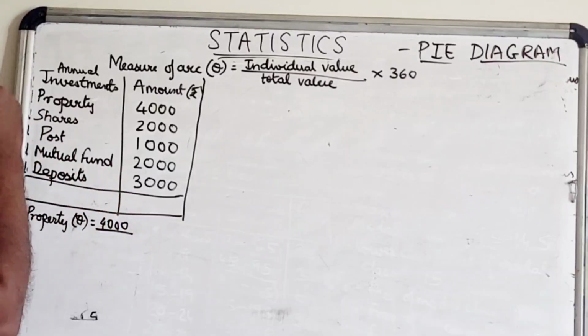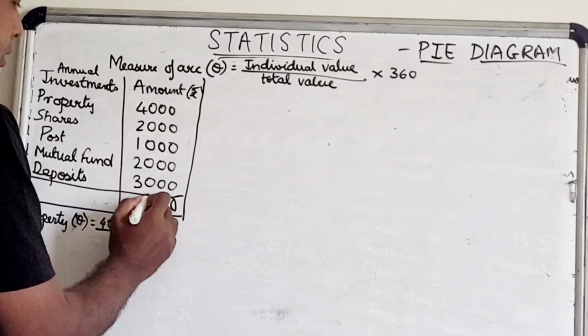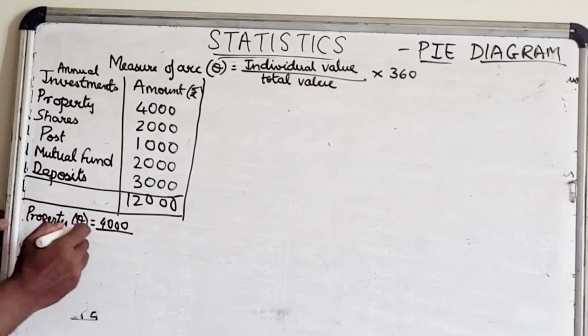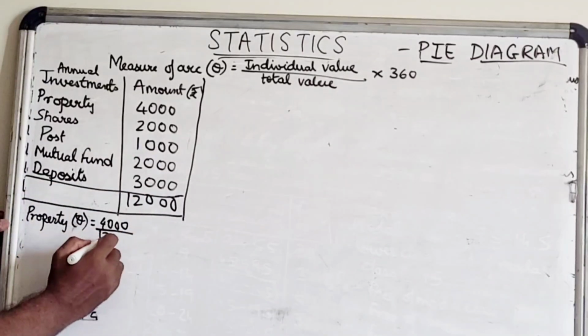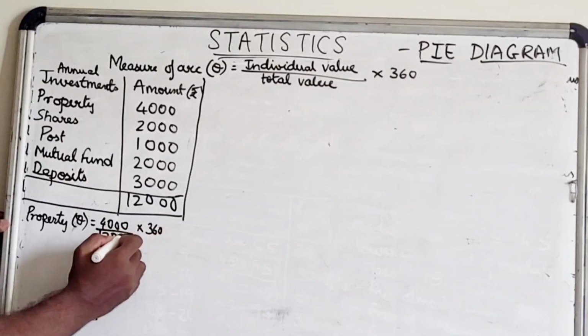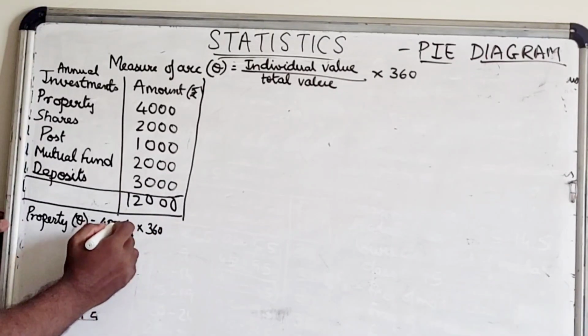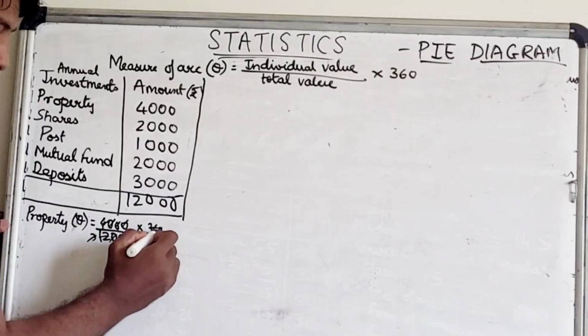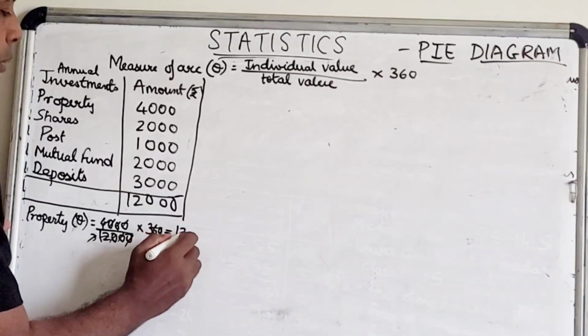You need to add all of these, and this comes to 12,000. So property is 4,000 upon 12,000 into 360. Three zeros cancel, 4 threes are 12, and 3 120. So property is going to be 120 degrees.